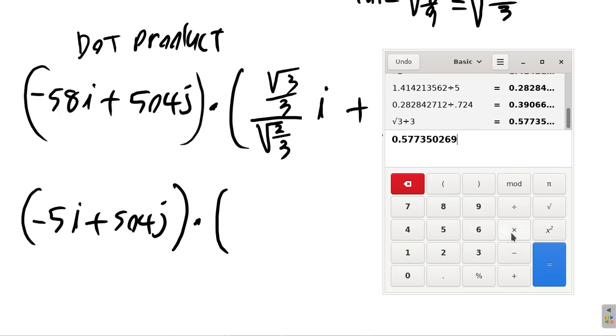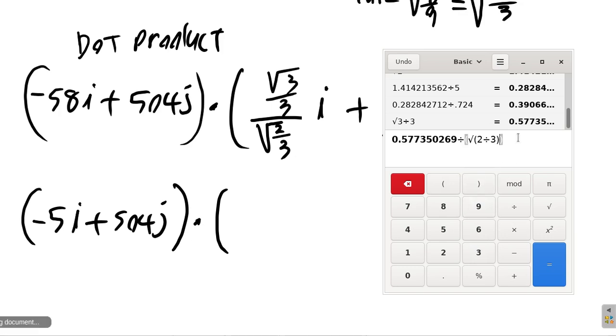Alright, that's divided by, let me put a bracket just to be safe, square root of 2 over 3 close bracket. So it's that over the square root of, oh no, I don't think I did, open bracket here and close bracket.